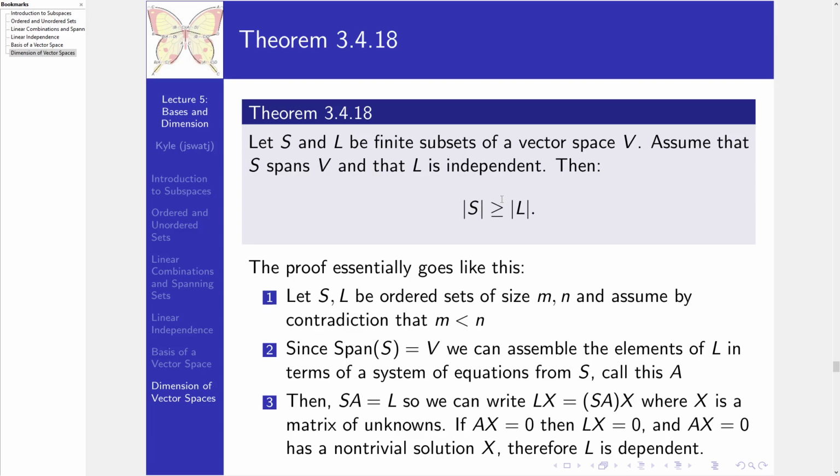Well, if we had one basis and another basis, then obviously one spans and the other one's independent, so the size of B1 would be greater than or equal to the size of B2. And we could just basically flip them. B2 also spans V, and B1 is also independent, so by both inequalities they would have the same number of elements.